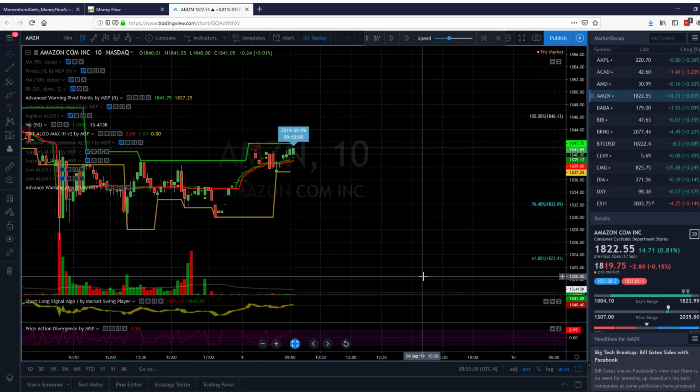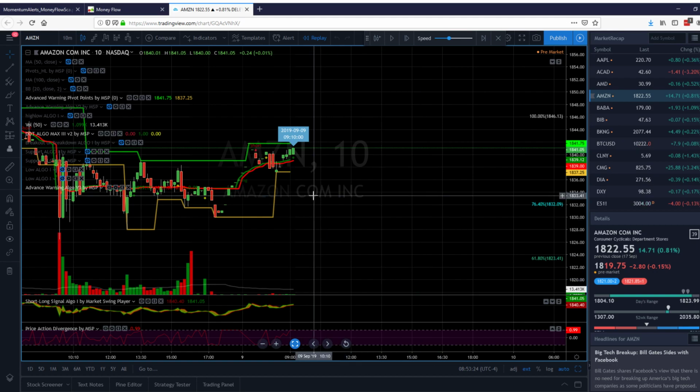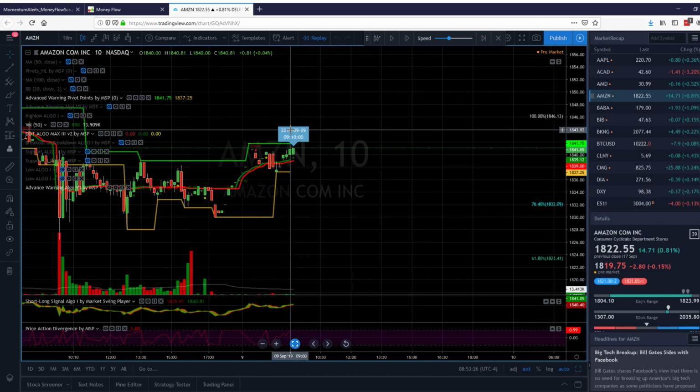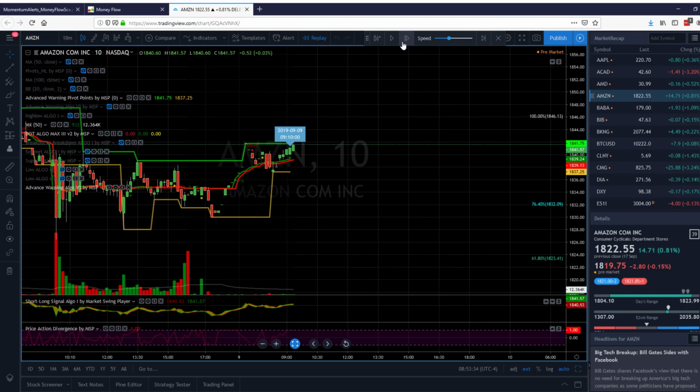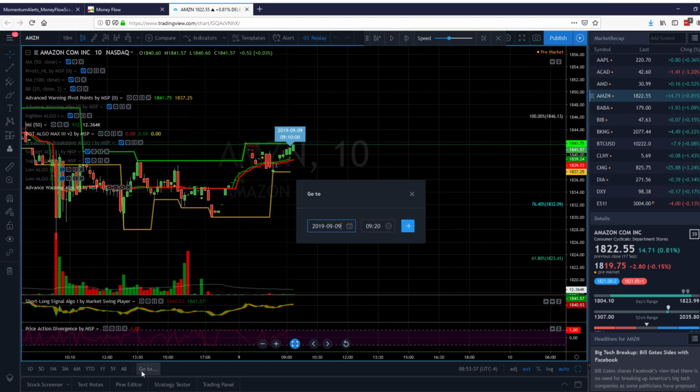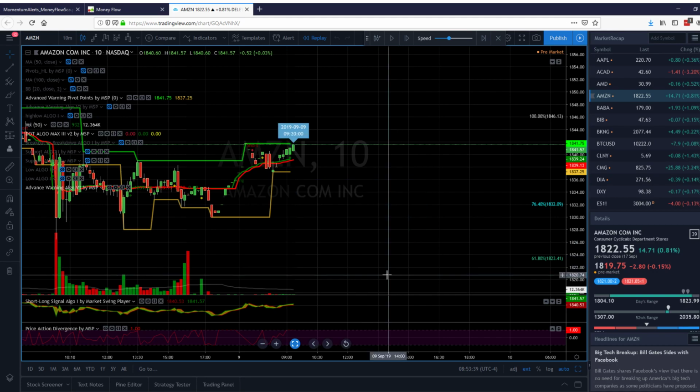Okay, so on the 9th of September, oops, we got one more forward to do here. So this is what was going on at 0920. So it looks like price is actually bullish here.